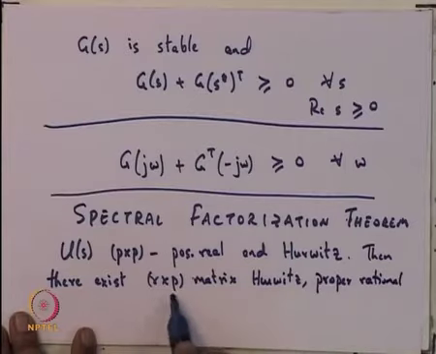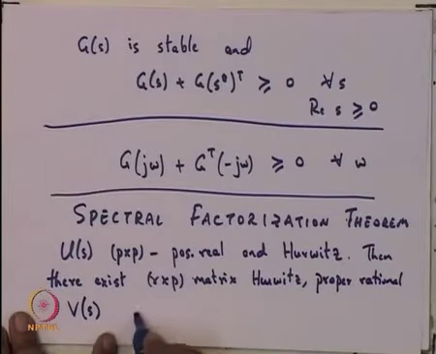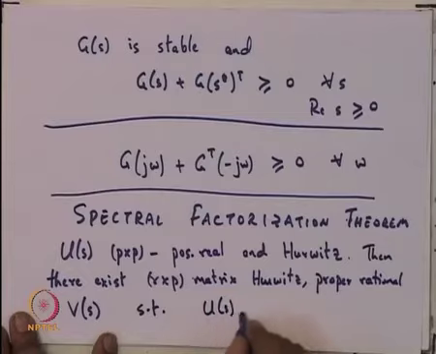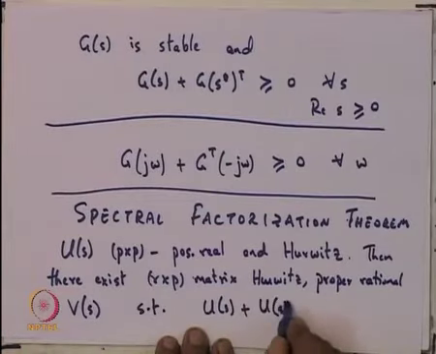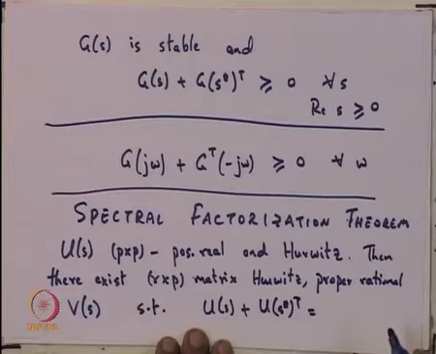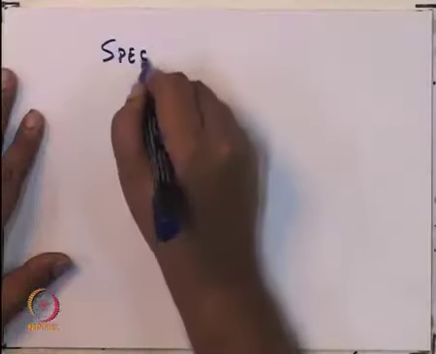So, there exists an R cross P matrix which is Hurwitz, proper rational, let me call it V(s), such that U(s) plus U star transpose is equal to, oh sorry, perhaps I will just use a new sheet. So, we are talking about spectral factorization.